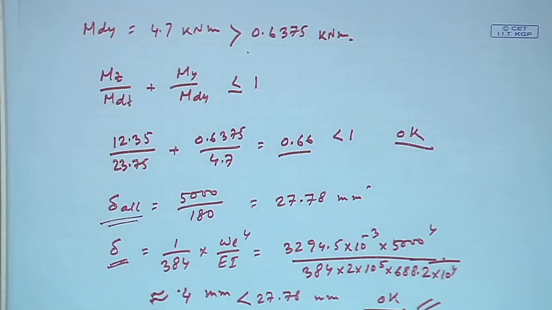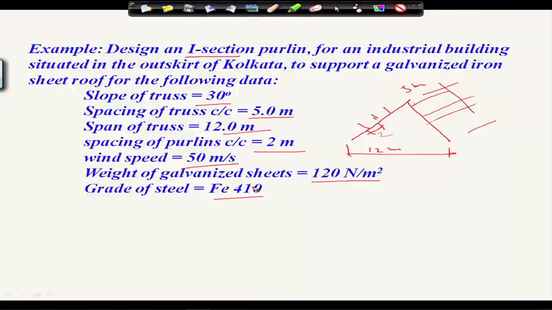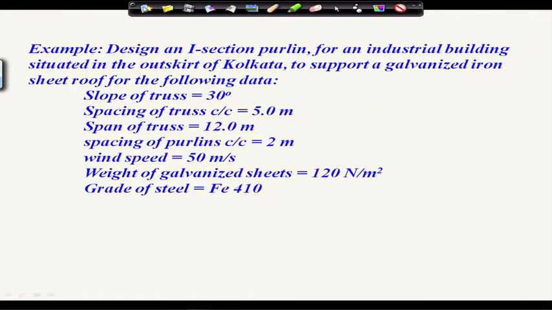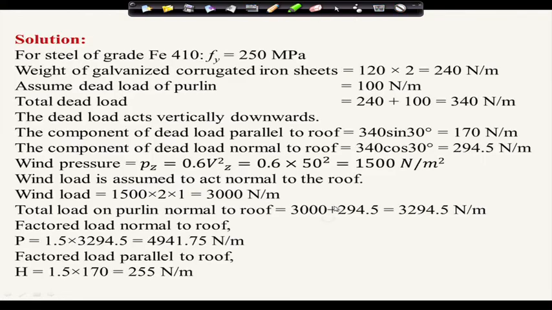So, this is how one can design the purlin by checking the deflection and, prior to that, checking the moment. Whatever I have discussed, I am going through the PPT to review once again, as we have little time.